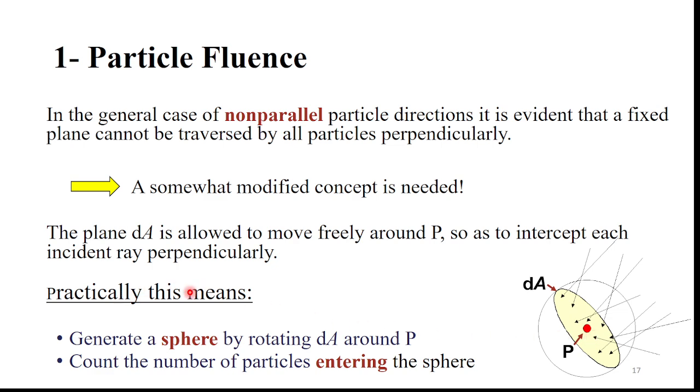This means that we generate a sphere by rotating dA around P, and then we can count the number of particles entering the sphere. This is how to calculate the number of particles entering a sphere in the case of non-parallel particle directions.